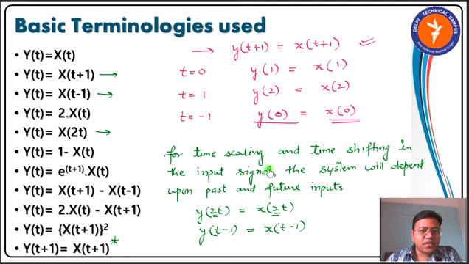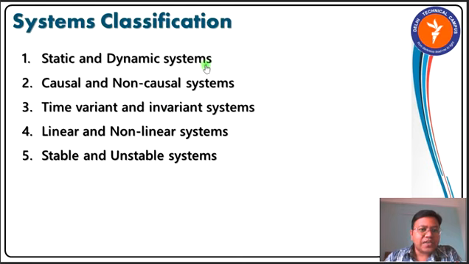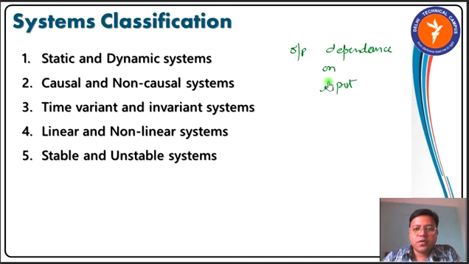So I guess that's it for today. In the next lecture we will discuss the classification of systems. To classify systems, the knowledge of the dependence of output on the input is very necessary.